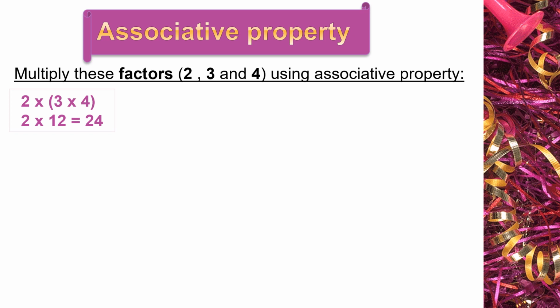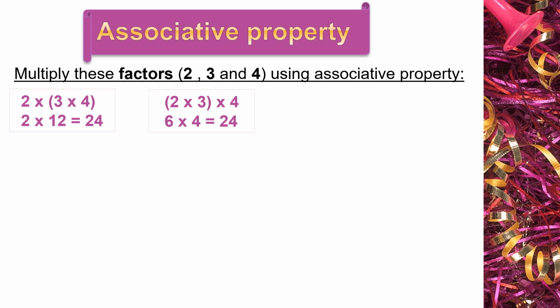Okay, can I have another order for these factors? Can I switch the order or can I change this order? Yes, like this. 2 times 3 times 4. Here I put 2 and 3 between 2 brackets, and remember something which is very important.